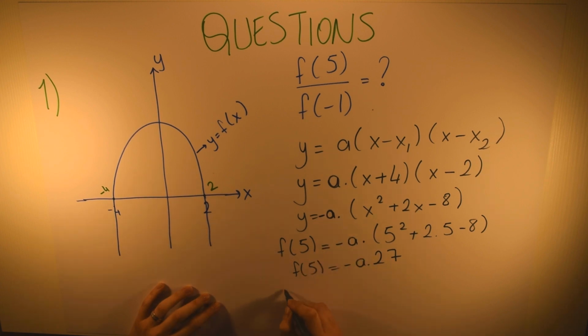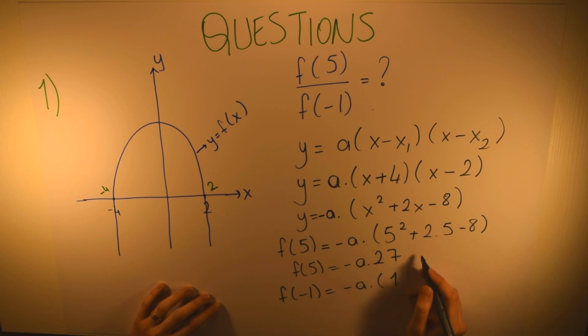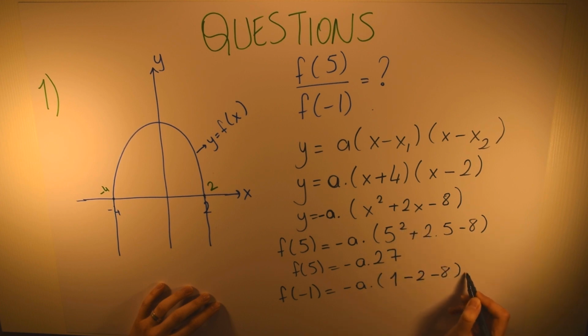Let's find f(-1). It's equal to -a times ((-1) squared, which is 1, plus 2 times -1, which is minus 2, minus 8). Here 1 minus 2 minus 8 is minus 9.